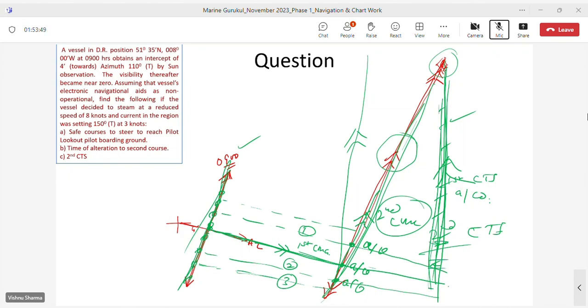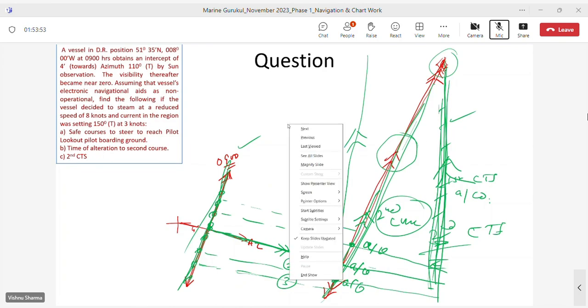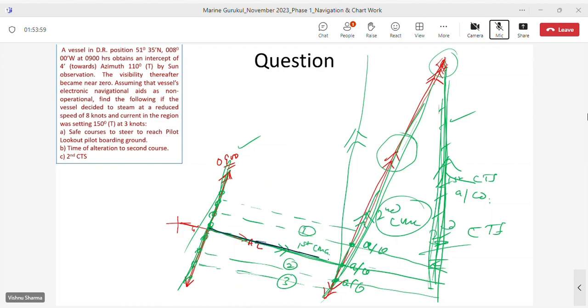Suppose you have done the calculation along this line, right? Yes, sir. You are saying you will work out the alteration course based on distance XY, right? Yes, sir. Correct. But suppose I'm already saying that the ship may not be here. The ship may actually be here.